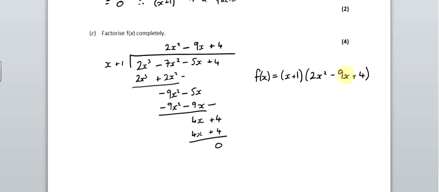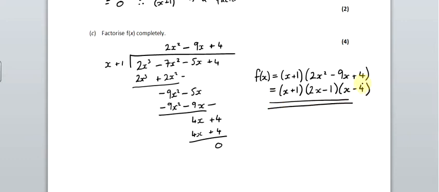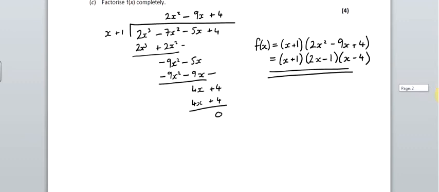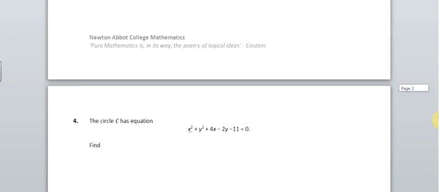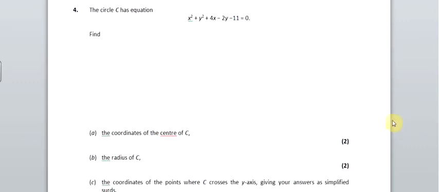But it said factorise it completely, which means we've got to factorise the quadratic part. So we've got our x plus 1, and then this factorises into 2x minus 1, x minus 4. And of course you would be crazy if you didn't multiply that out to check in an exam. Absolutely crazy. Completely barking. Utterly bonkers.